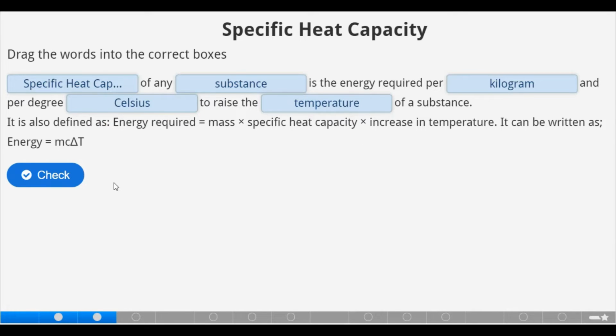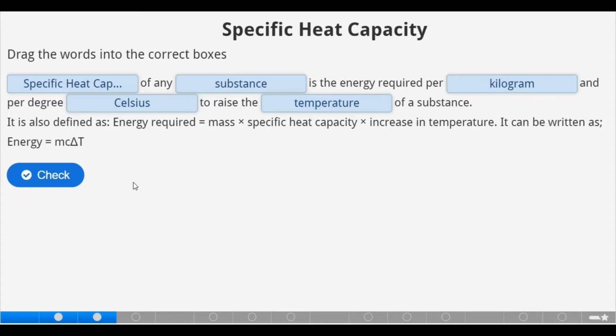It is also defined as energy required is equivalent to mass times specific heat capacity times increase in temperature. It can be written as energy is equal to mc delta T.